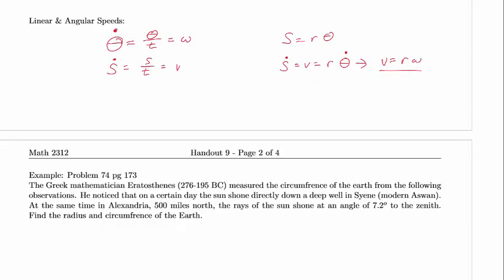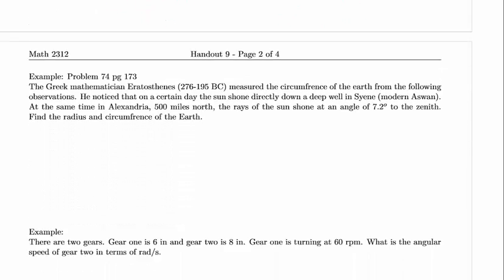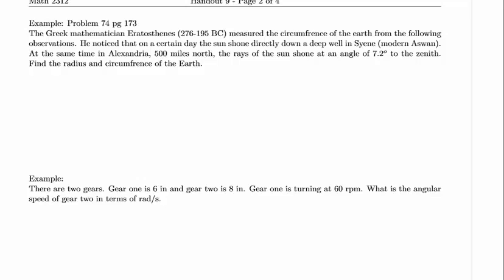All right, so let's go ahead and look at some examples on the back here. Okay, and this one, there will be a video in the module going over this example, but we're going to go ahead and work through this right here as well. The Greek mathematician Eratosthenes, who lived about 300 BC, measured the circumference of the earth from the following observations. He noticed that on a certain day, the sun shone directly down a deep well in Syene, which is in modern Aswan.